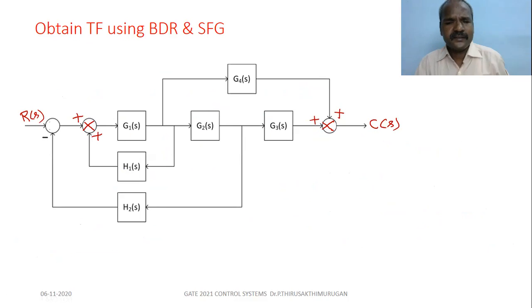So this is a simple example of a block diagram. How do we reduce it using block diagram reduction techniques? First you look at this. This is an adder, this is also an adder, and this is the negative feedback.